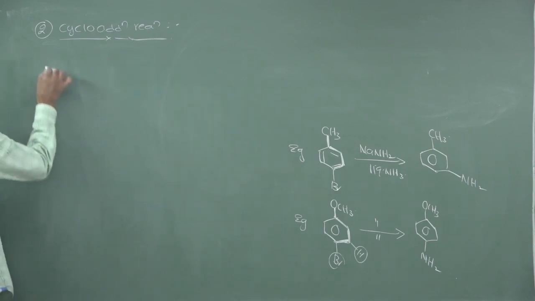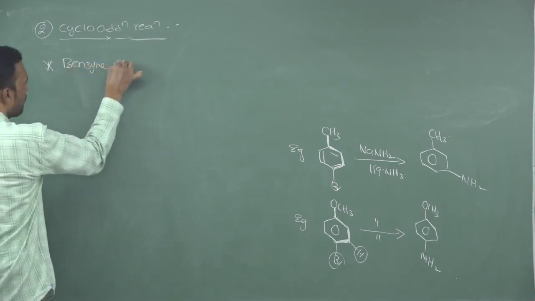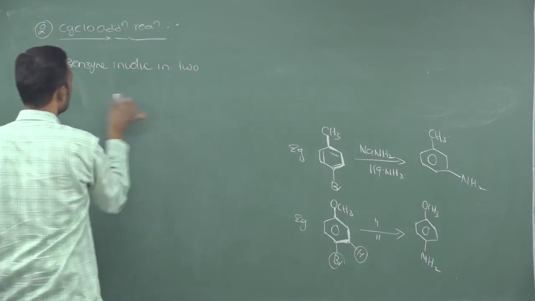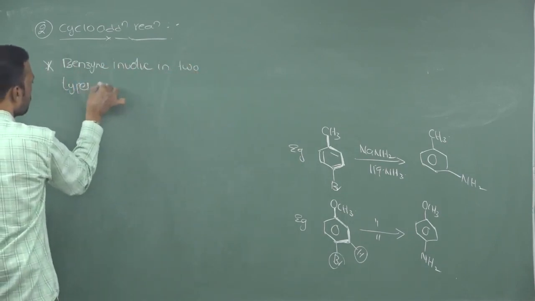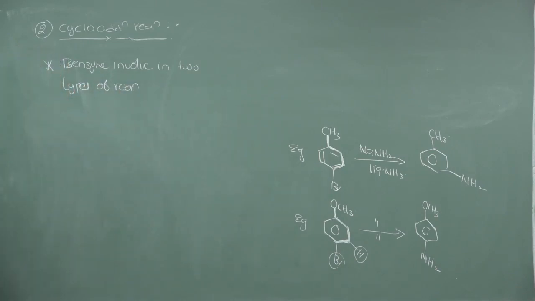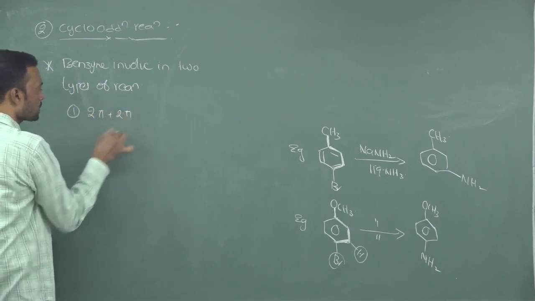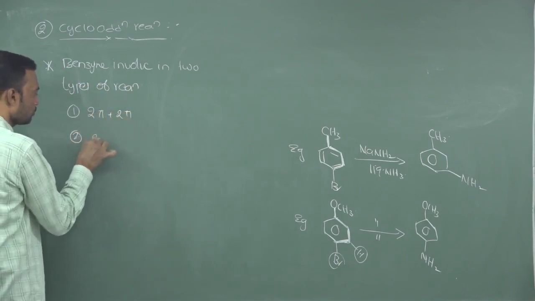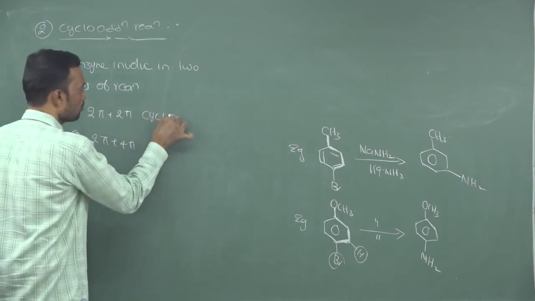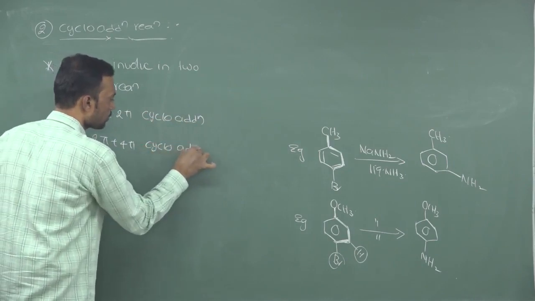See, if I take benzene, benzene has a tendency to be involved in two types of reactions. First one is 2 pi 2 pi cycloaddition. Second one is 4 pi plus 2 pi cycloaddition. So two types of addition reactions are expected for benzene.